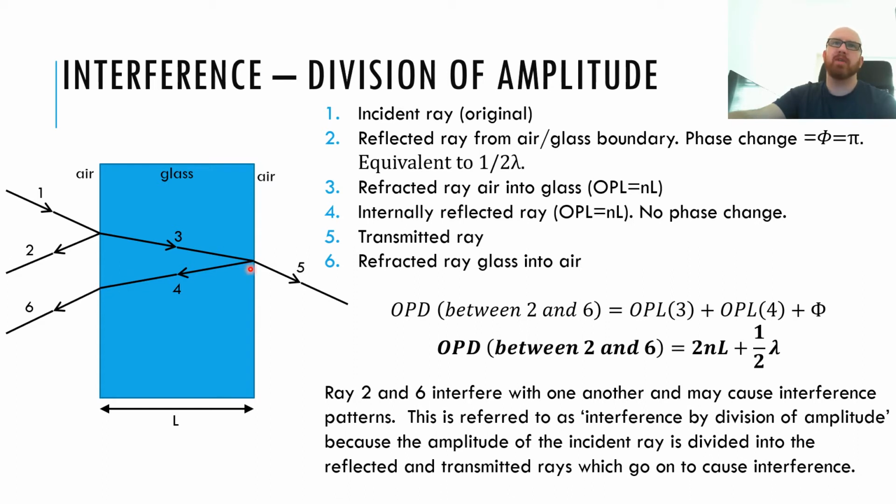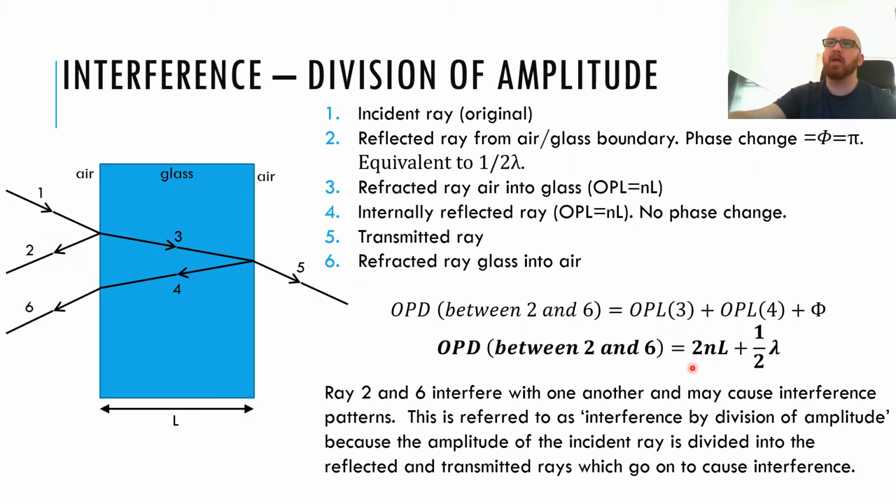No phase change here, here, or here. So this extra phase change is because ray 2 reflected. The overall optical path difference between 2 and 6 is this plus the phase change caused by 2.